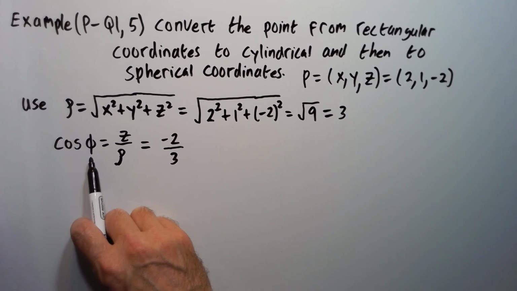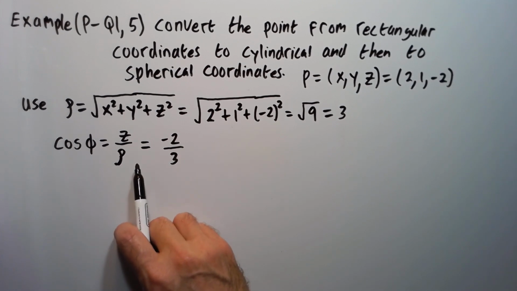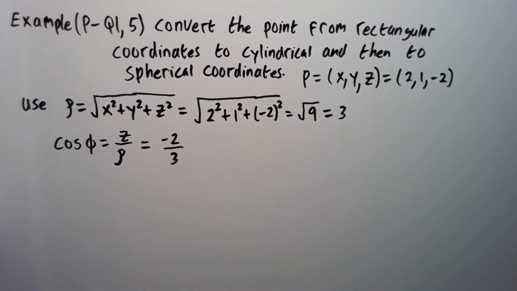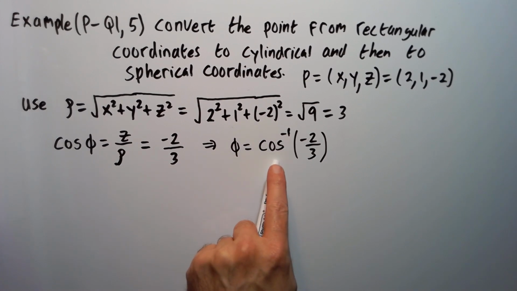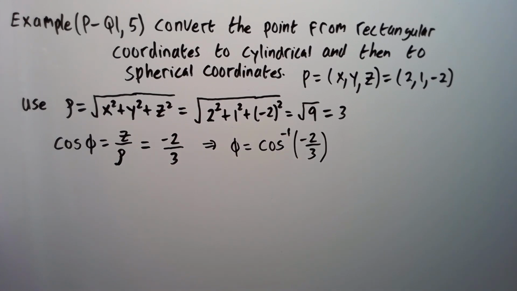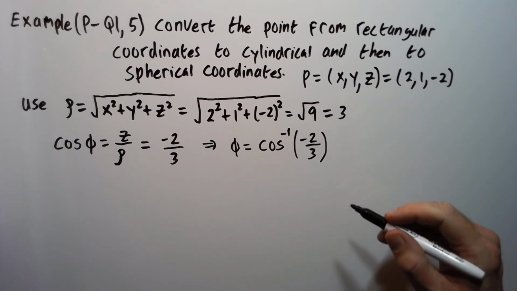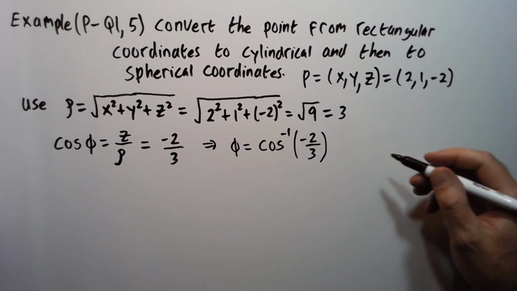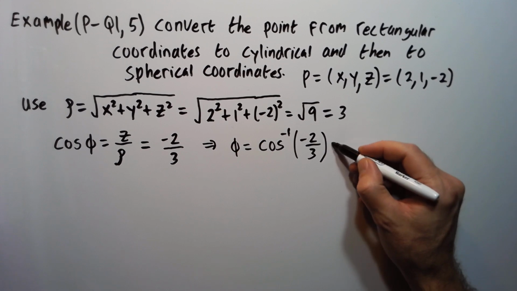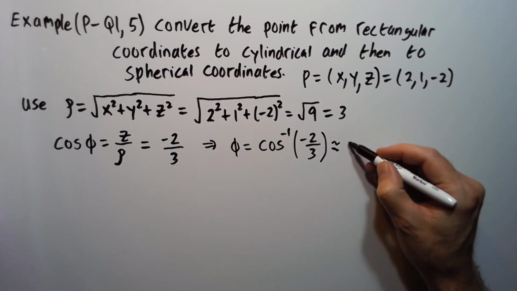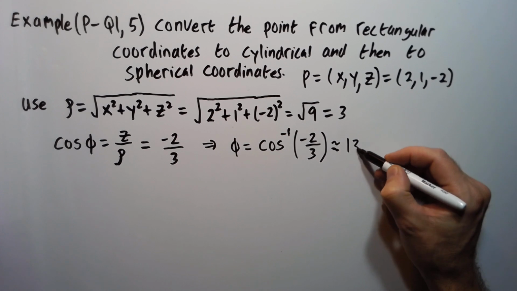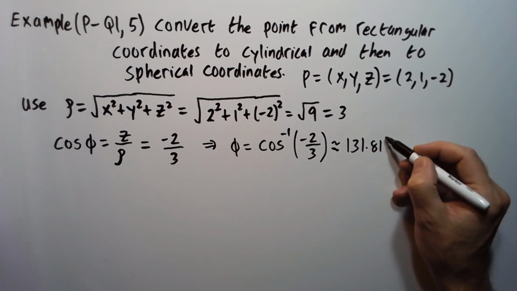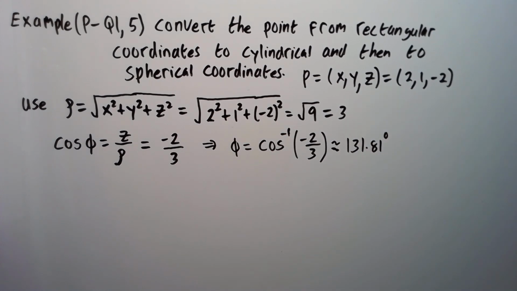The inverse cosine gives an answer in that region, so we can just take inverse cosine on both sides. So our phi angle is inverse cosine of -2/3, and if you plug this in your calculator, it's roughly equal to 131.81 degrees. Okay, so we found our phi.